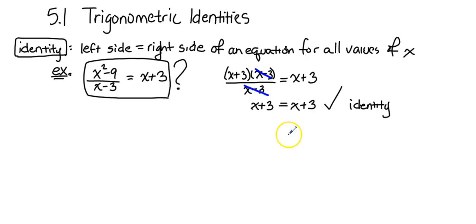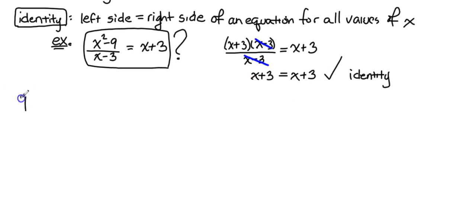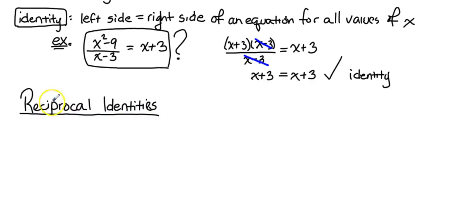Let's start looking at our trig identities and first start talking about the reciprocal identities. So now taking a step back into trig versus Algebra 2. So sine of theta is the same as what?